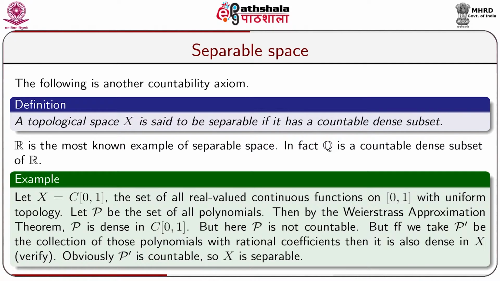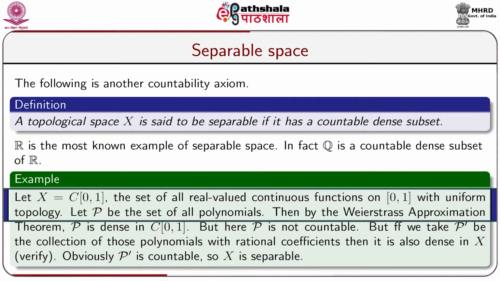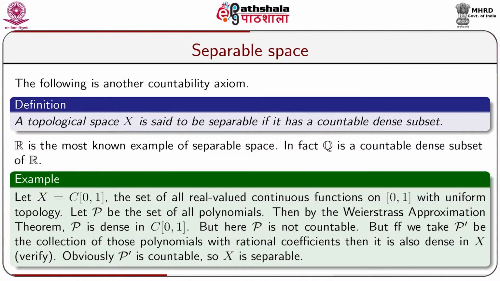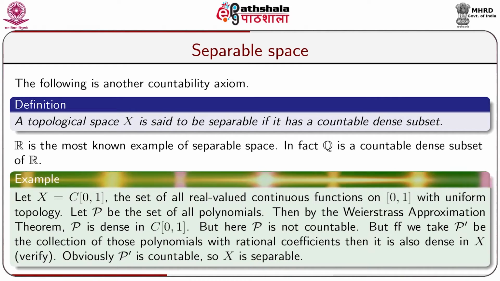An interesting example of a separable topological space is the collection of all real valued continuous mappings defined on the closed interval [0,1], which we denote by C[0,1]. Now consider the set of all polynomials with rational coefficients.